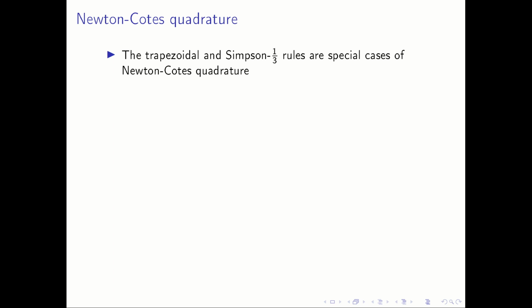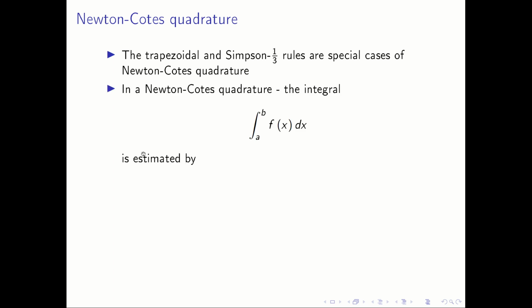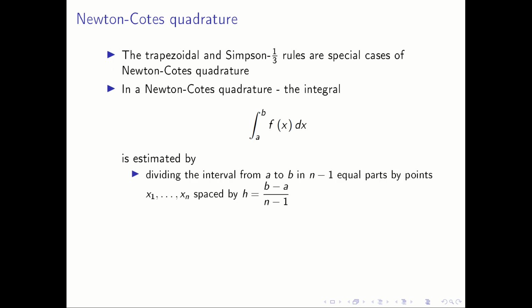Now, Newton-Cotes quadrature is so called because it is really related to what is known as Newton-Cotes interpolation. The basic idea is this: an integral from a to b of f(x) dx is estimated by doing the following. You first divide the interval from a to b at n points, which means n minus 1 equal parts.